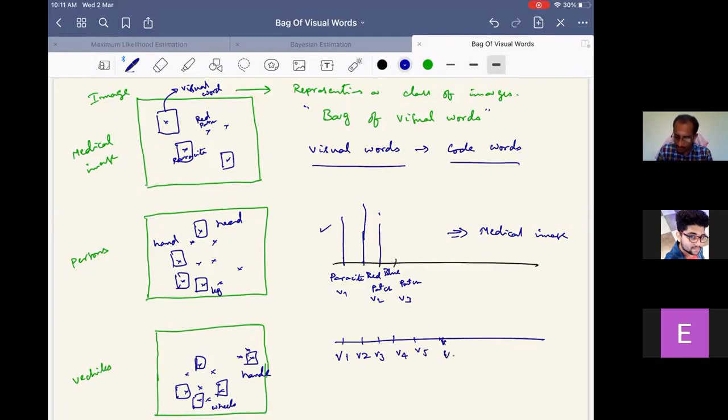Assume that V4 up to V6 or V7 correspond to persons, say leg and hand, and head, and then probably shoulder and so on. If it is a person image, the frequency of these kinds of visual words occurring will be high. This implies that this is a person image.